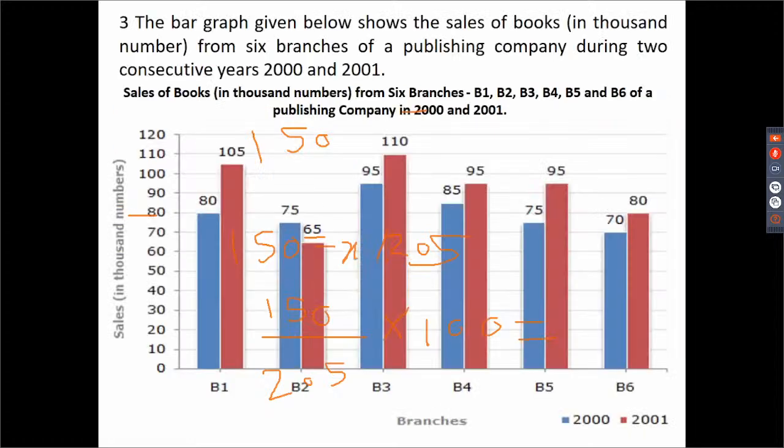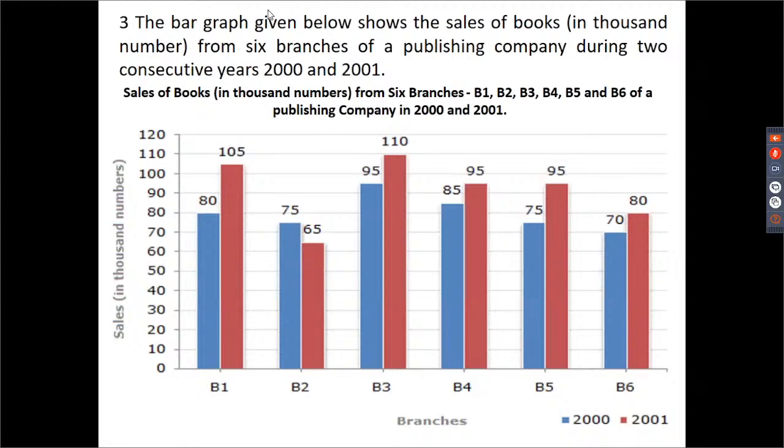What is the total sales? First of all, in 2001, B1, B2, B3 means the red color. 105 plus 65 plus 110. 105 plus 65 is how much? 170. 170 plus 110, 280 is the total sales.